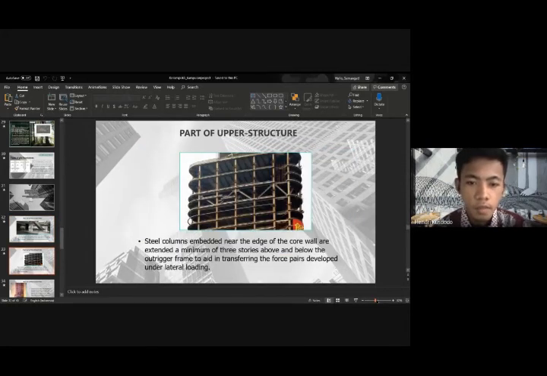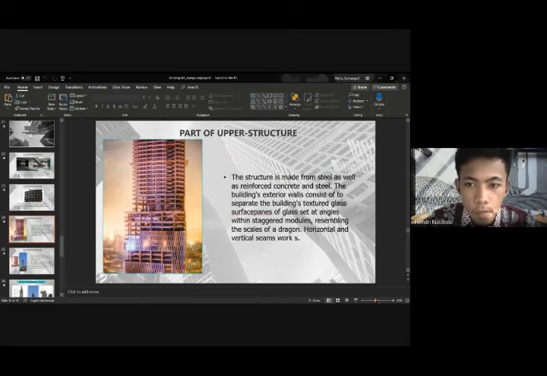Steel columns embedded near the edge of the core wall are extended a minimum of 3 stories above and below the outrigger frame to aid in transferring the force developed under lateral loading. The structure is made from steel as well as reinforced concrete and steel.